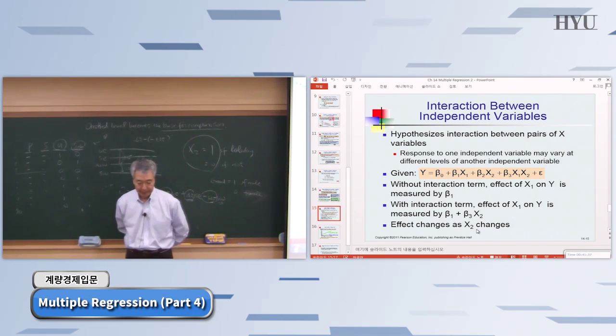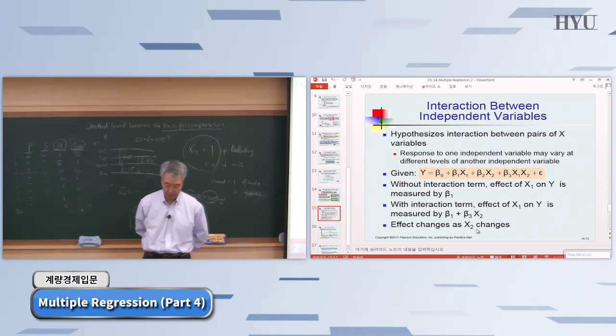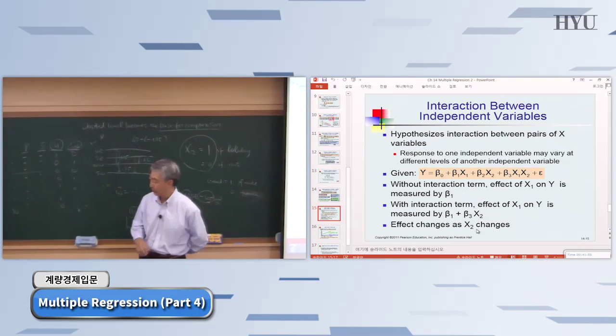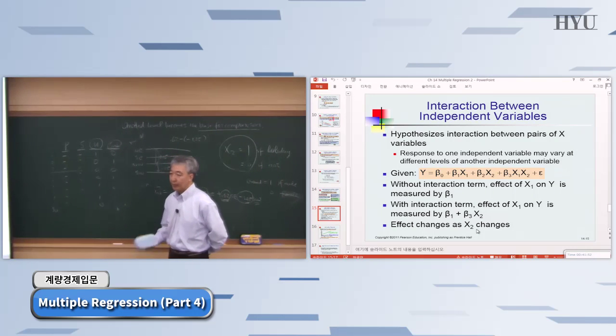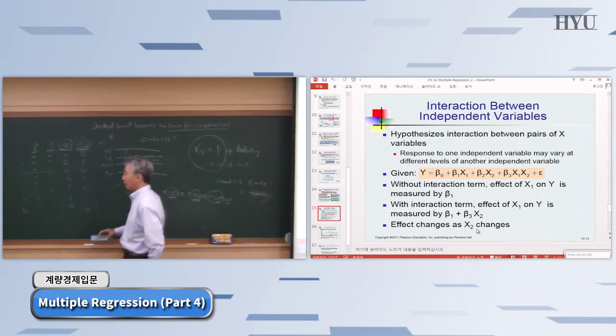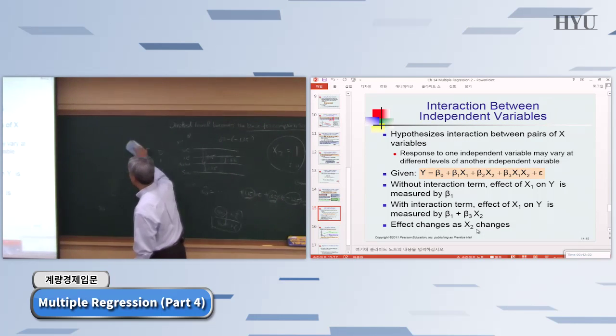The other topic for today is interaction, the interaction term. The story here is when we have multiple independent variables, sometimes we can suspect some interaction between 2 or even 3 of the independent variables.